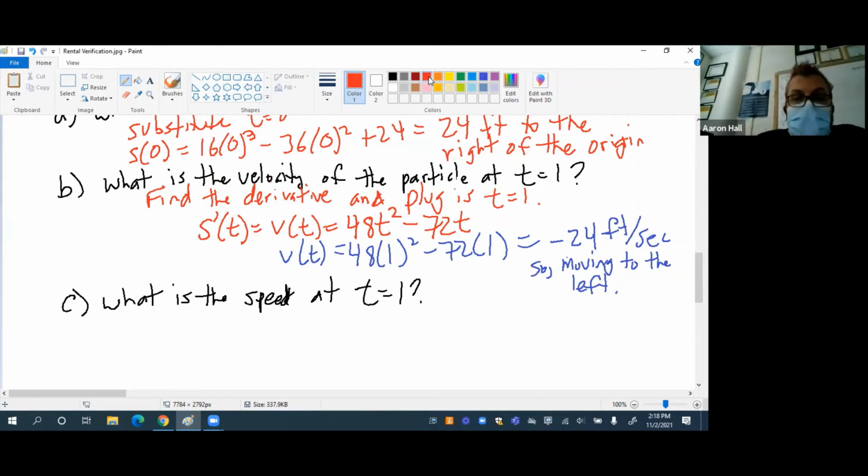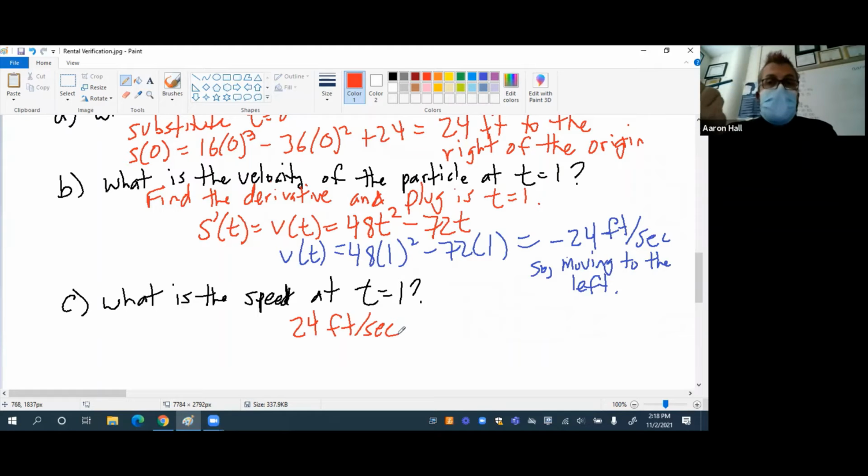Yep, because speed is always positive. If I'm going 24 miles an hour down to St. George, my speed is 24. If I'm coming back and I'm going 24 miles an hour, I'm still going 24 miles an hour. Speed is not a vector. It does not have direction.